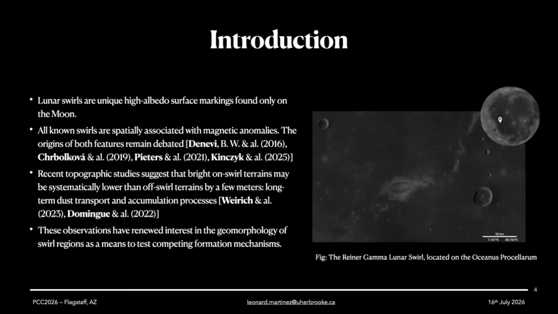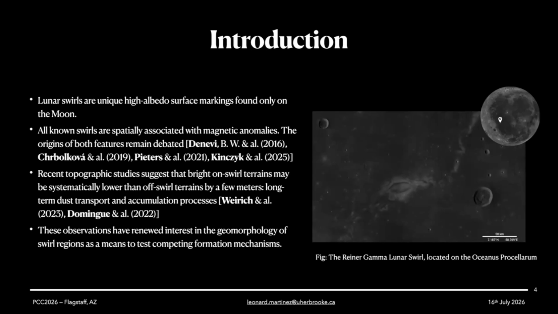Originally, this study takes its roots in the lunar vortex landing sites analysis, which is, I'm sure you know, in the Reiner Gamma lunar swirl. Lunar swirls are probably one of the most enigmatic geological morphological features that we can spot on the Moon.